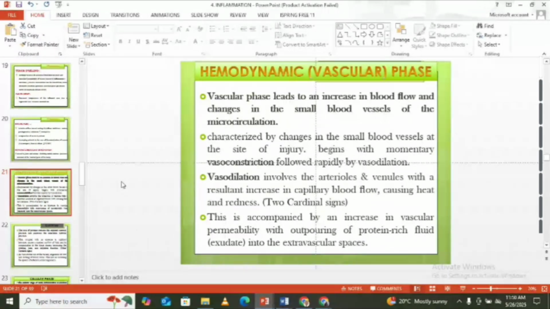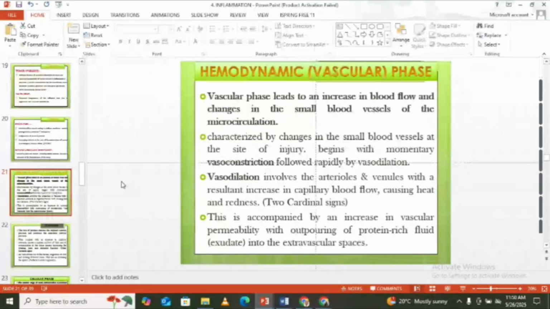Then there will be increased vascular permeability, with plasma proteins and also immune cells now leaking into tissues, and that's going to cause swelling, another cardinal sign of inflammation.